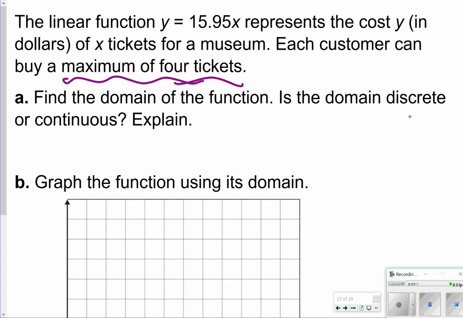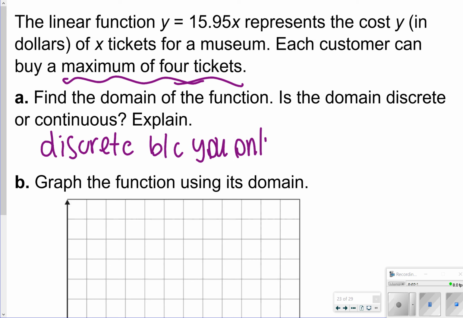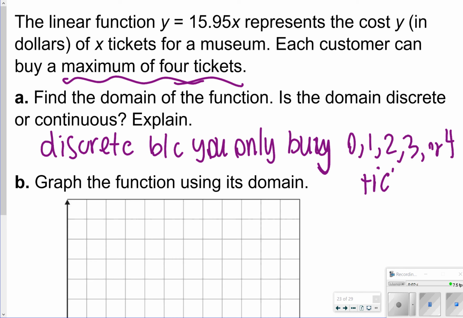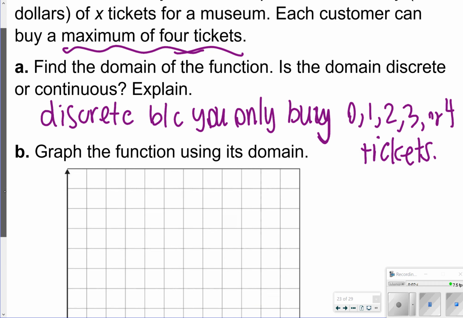So for this one, the domain would be discrete because you can only buy whole tickets. So you can't buy like 1.5 tickets or 3.5 tickets or 2.2 tickets, okay?